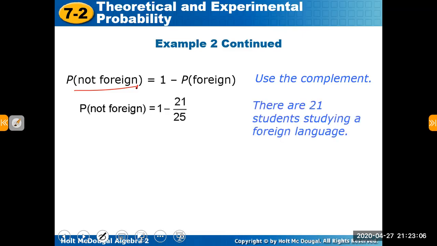So which is 1 minus 21 over 25, which is 4 out of 25, or in percentage we can write as 16 percentage. So for simple questions, it might look less useful, but if we have a large sample space, then this can really help.